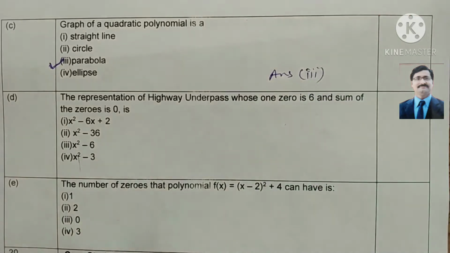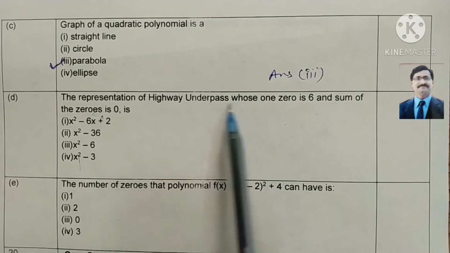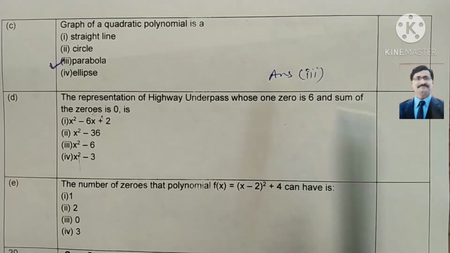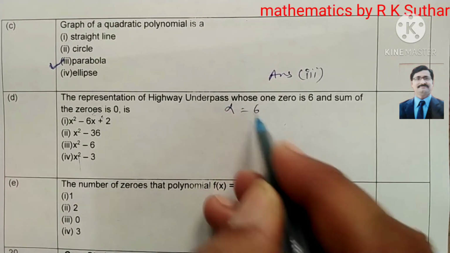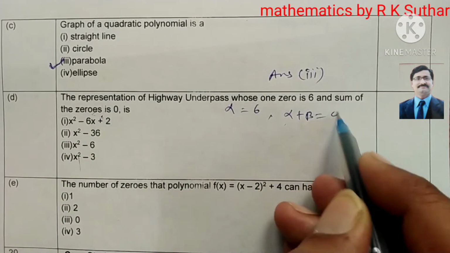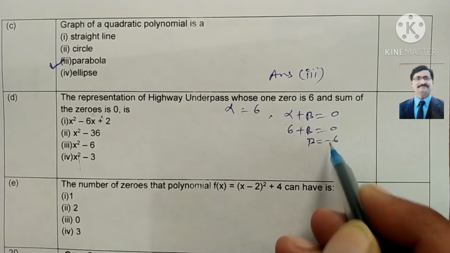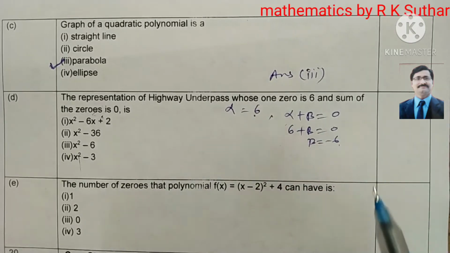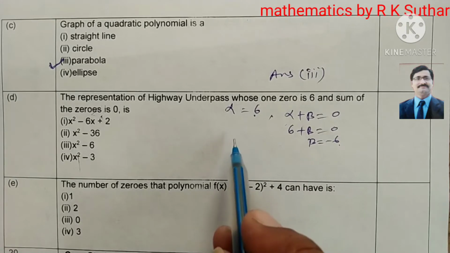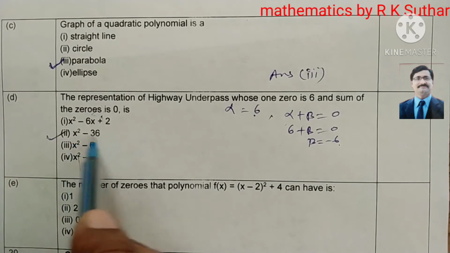Okay. Next question: the representation of a highway underpass whose one zero is 6. One zero means alpha is 6, and the sum of zeros is 0, meaning alpha + beta = 0. So 6 + beta = 0, meaning beta is −6. One root is 6 and the second is −6.